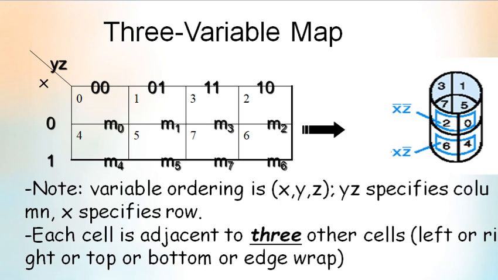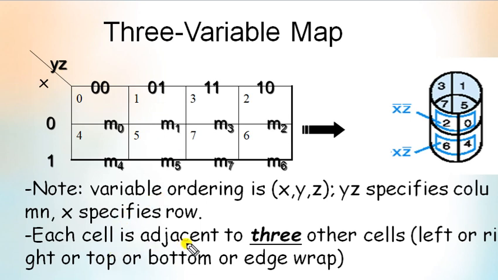Got the idea? So in the 3 variable map, we have to represent 3 variables like this. Here we can write a variable x, and here we can write 2 variables yz, or vice versa.